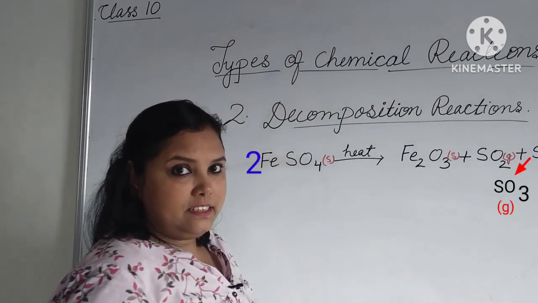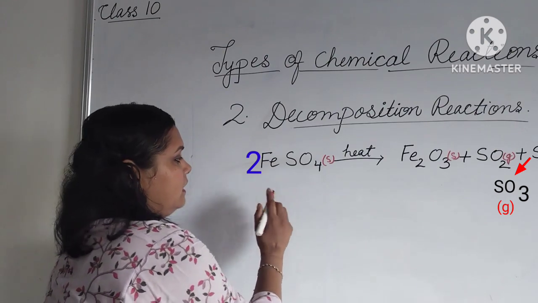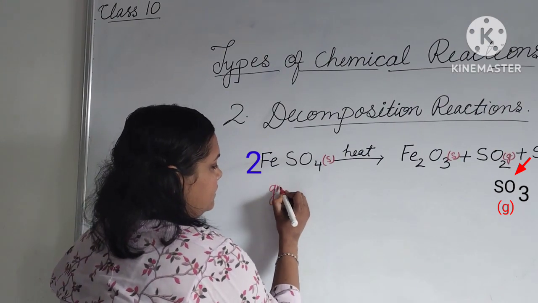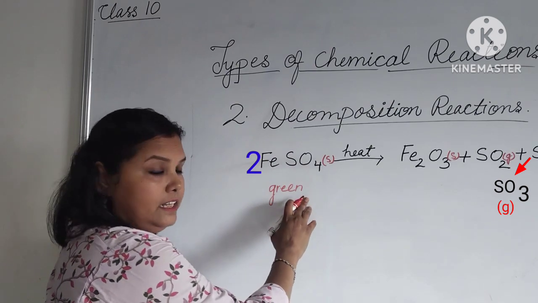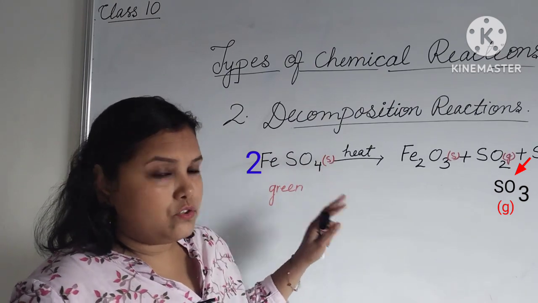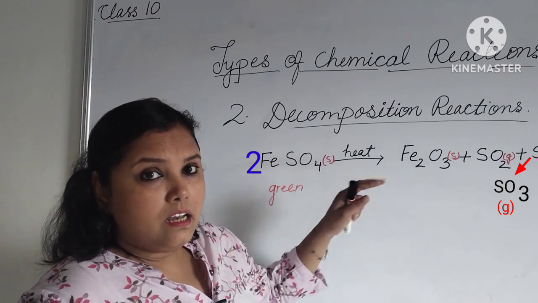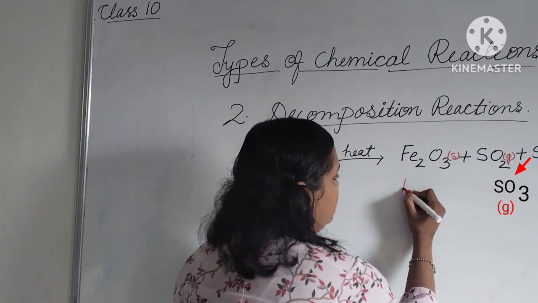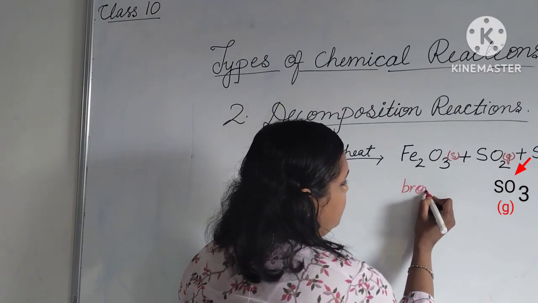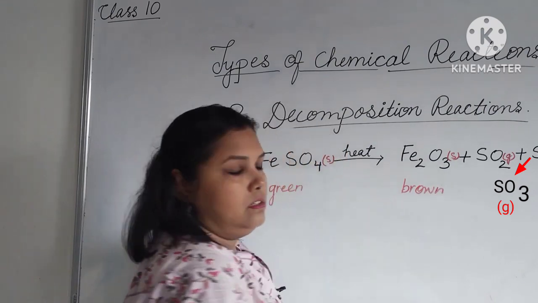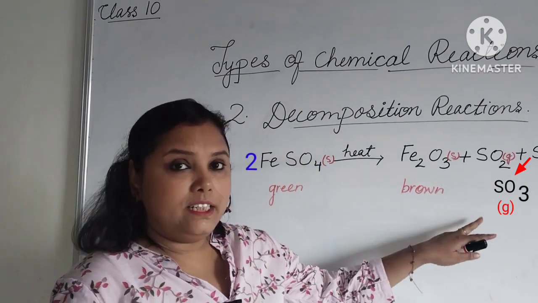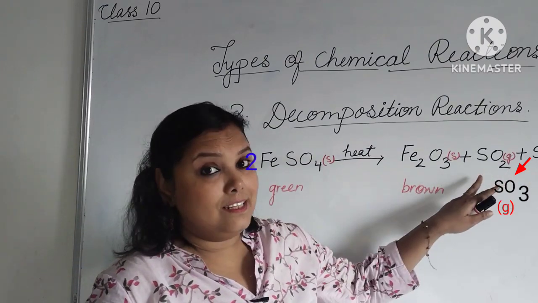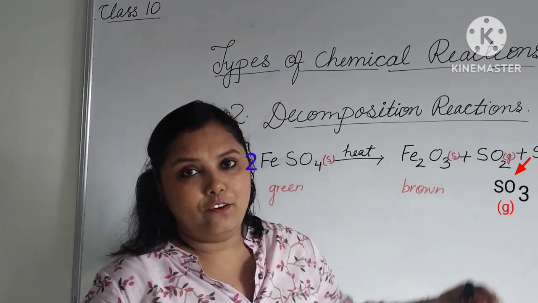These have pungent smell. So this is in green color. When we take ferrous sulfate, which is green in color, and heat it strongly, then we'll see a brownish color, and this brown color is of ferric oxide. Okay, and there is some pungent smell, and this is due to sulfur dioxide and sulfur trioxide.